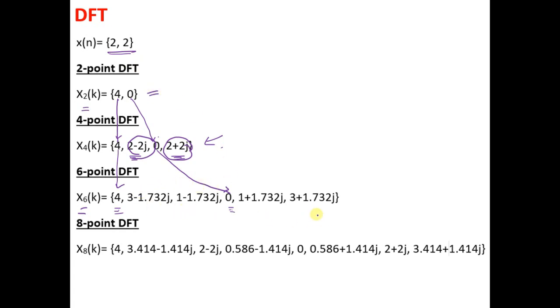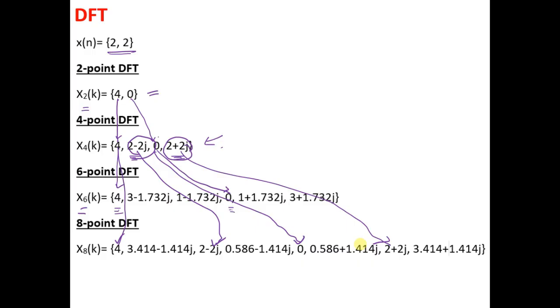Now as soon as we go for the 8-point, right, those 4 points have been carried forward. What does this indicate?